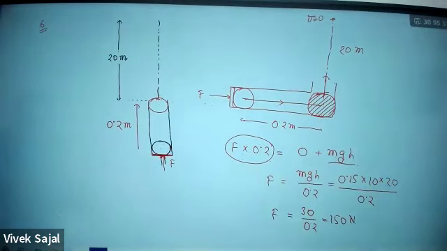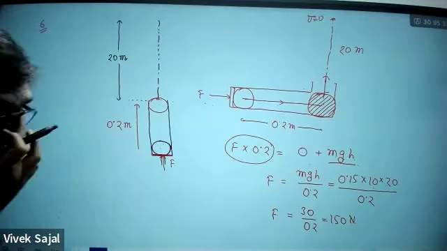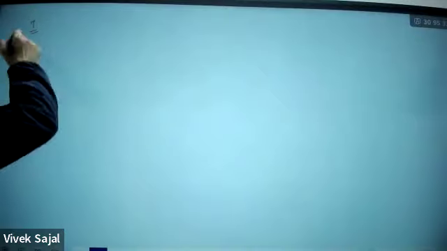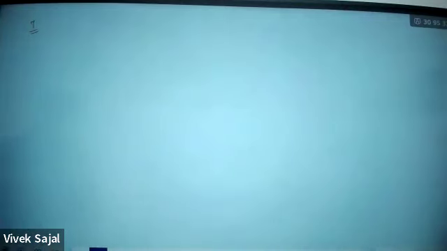Next question, question number 7. A particle of mass m is projected with velocity u at an angle theta with the horizontal.